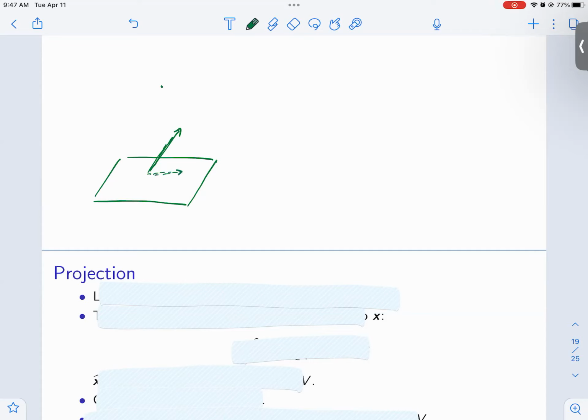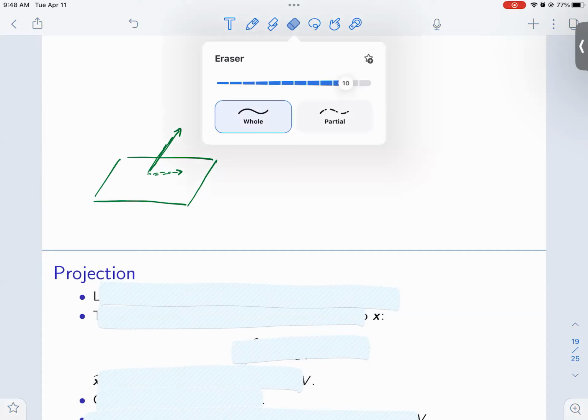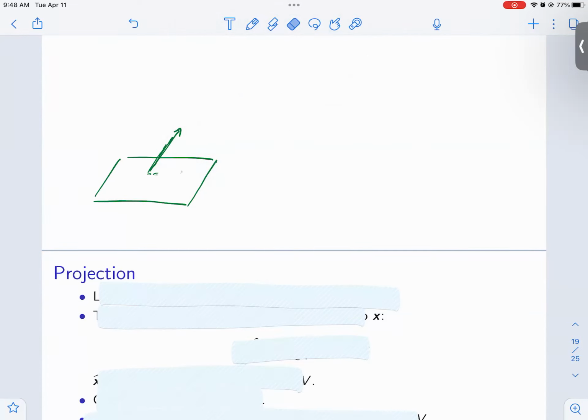If the light source is here, it's going to be different. But that's good. That tells you in some intuitive sense what the projection is. So the projection of this in this space would be that. So what I'm talking about is orthogonal projection.